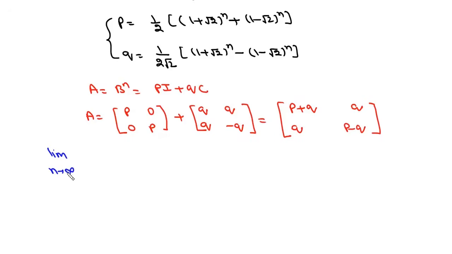Now A12 is first row second column, which is this Q, and A22 is P minus Q, and it's given that this is equal to L.